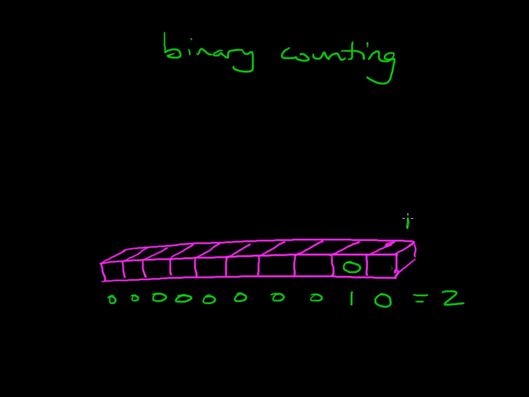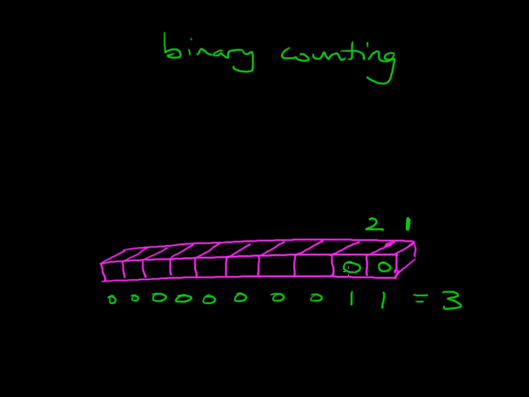So this was my ones column just like it was in base 10. And this one here is therefore my twos column. If I want to represent the number 3, I can take my 2 here, add 1 to it, and so this here I'm representing 3, and that would be 1, 1. So 1, 1 is the same as 3.